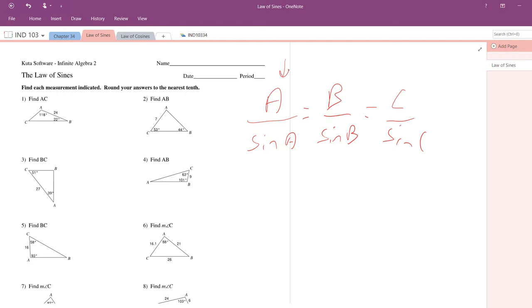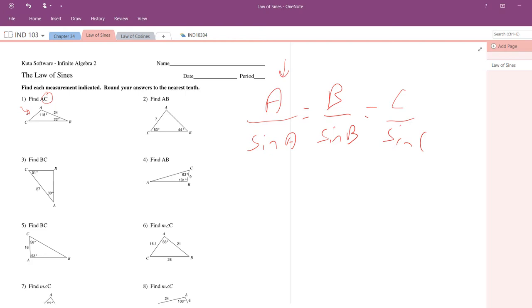So if I look here, they want side AC. That's what they're looking for, side AC. Well, here's side AC, but I don't have enough information to just add it up and see what happens. So I'm going to use the law of sines.